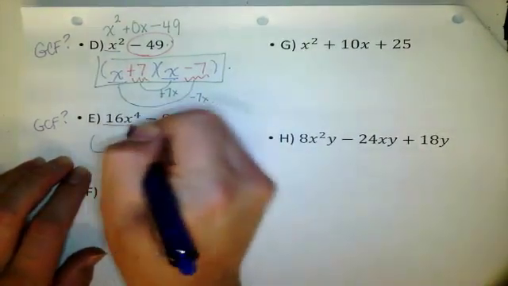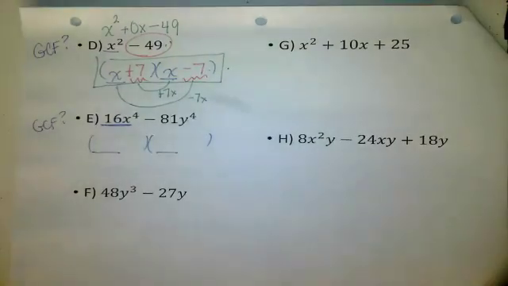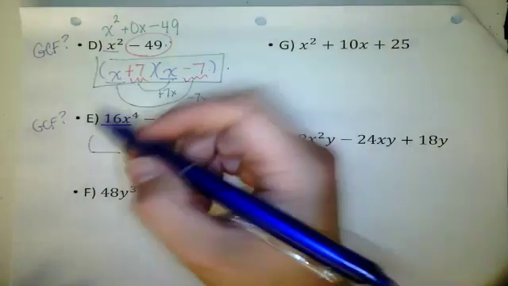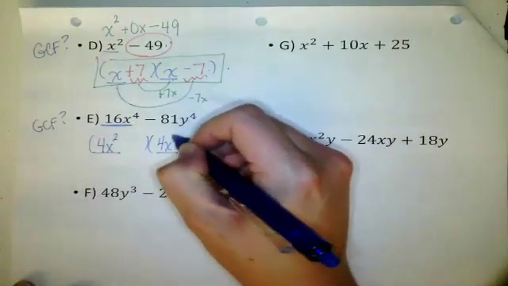First times first has to be 16x to the fourth. What times what is 16x to the fourth? 4x squared times 4x squared, right? Is that the only option? No, but it's a really good one.